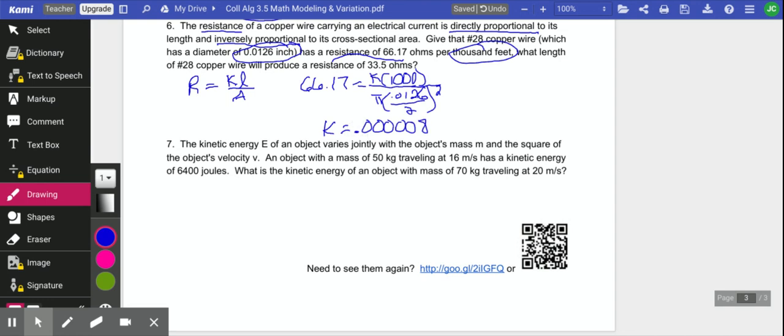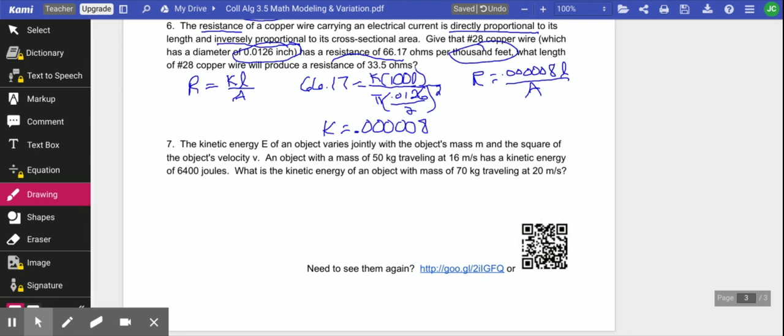Okay, so there's K. So now we know that our resistance is 8 L over that cross-sectional area. Okay, that's our model.